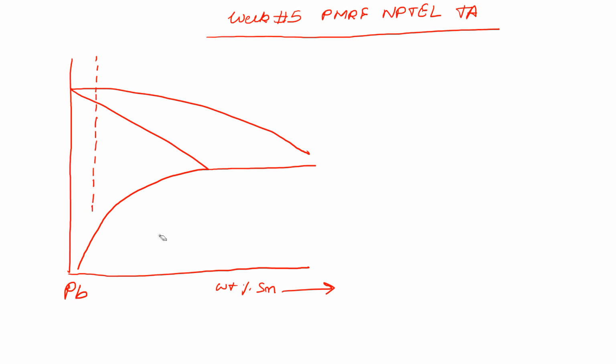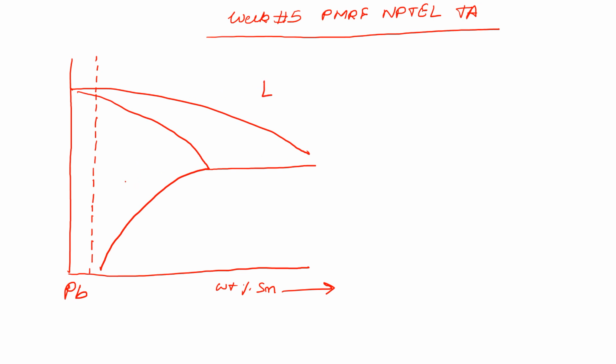Supposing we are somewhere within the solvus region, assuming somewhere here, and this is a liquid phase, and let's say we have alpha solid solution, the alpha plus liquid phase here, and alpha plus beta here.